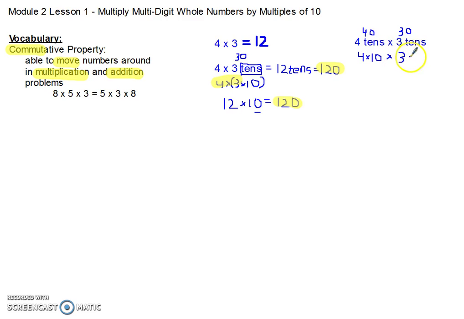as 3 times 10. Now, using my commutative property, I can start grouping numbers together. I know that 4 times 3 is 12, so I'm going to group 4 times 3 together.